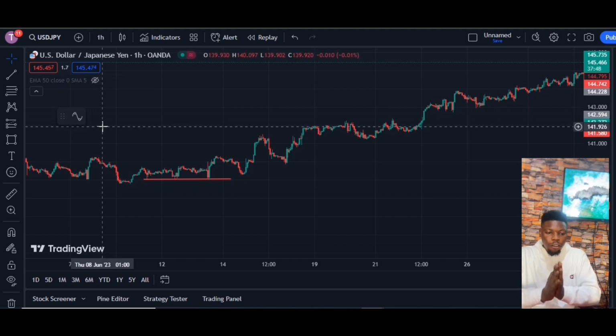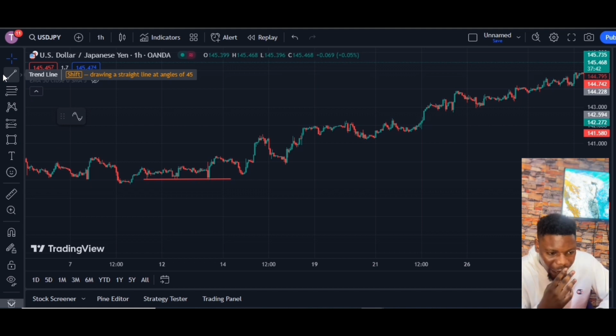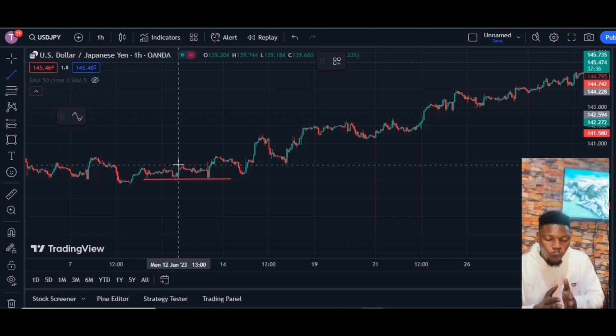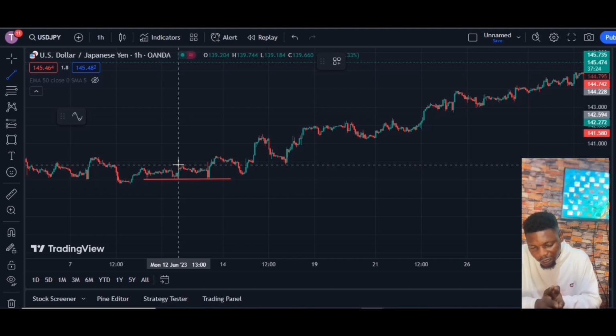So now, after you've gotten this, we need to bring in our trend line tool and wait for the market to break out from the trend. For example, this is a double bottom, so we are waiting for the market to break the upside.